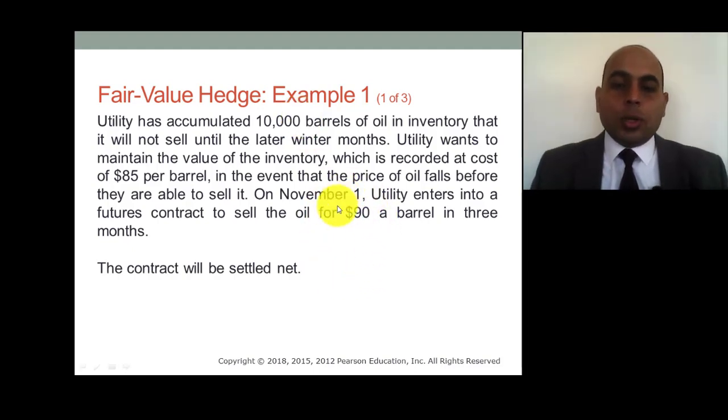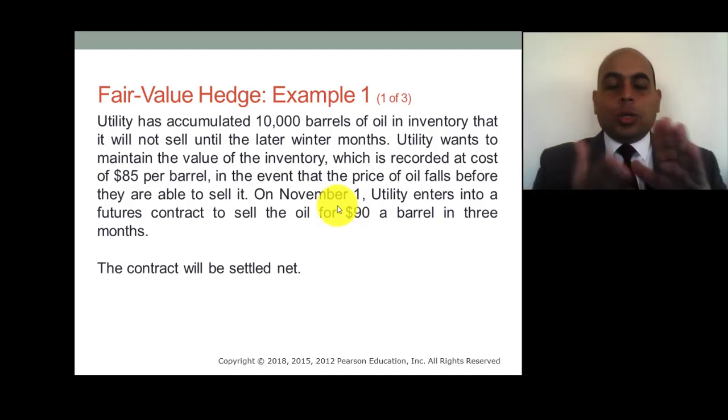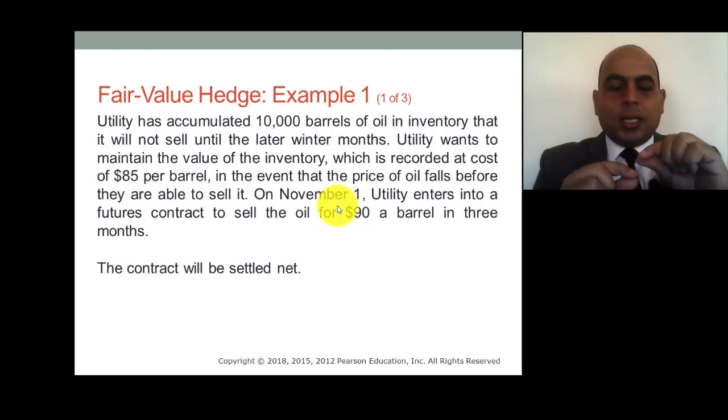Already we have sold it by $90, but the price has increased to $92 on the date of preparing the financial statement. So inventory, we own it and we have sold it by $90. The point is, the price has increased to 92. Can I sell it by 92?